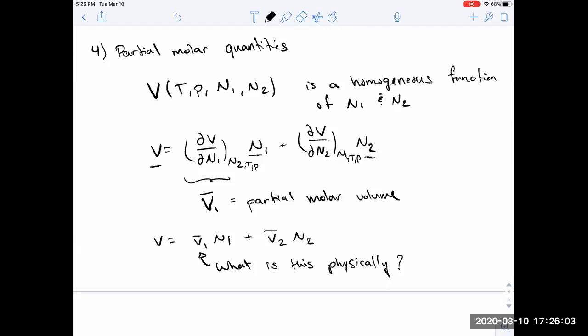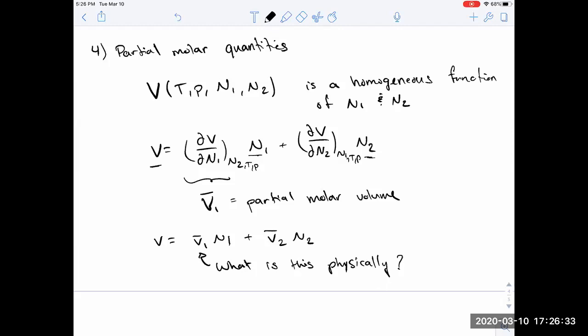And that's right sometimes, but it's not always right. It's not always right because for example, imagine a gas. If I add one particle to a box, well, the density would change, but the volume per particle is really large. It doesn't change so much. It probably has nothing to do with the size of that particle.